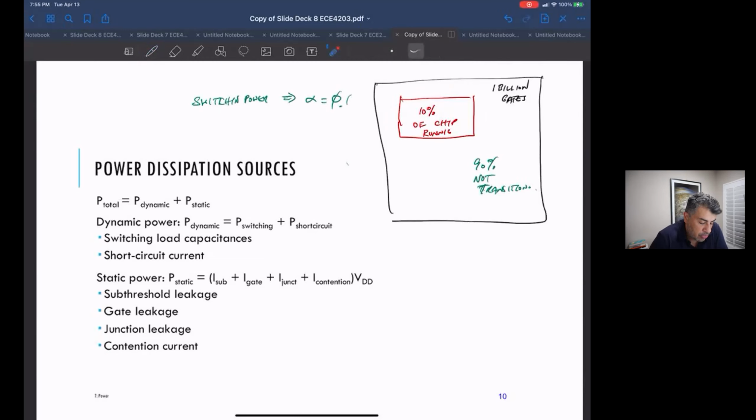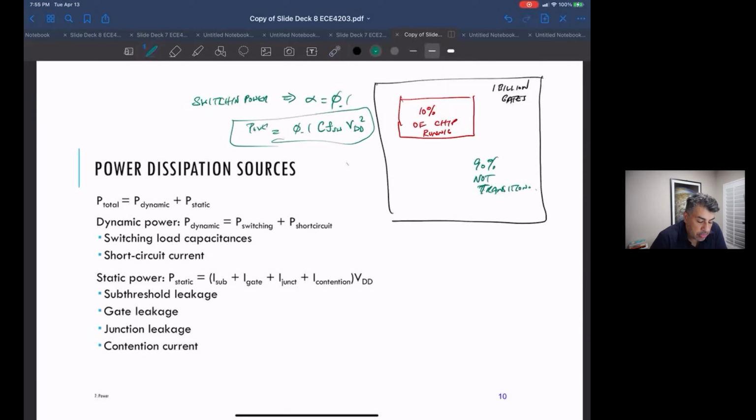So if I have the total capacitance on the chip, C, the chip is running at some frequency, at some supply, I can just say my switching power consumption is only a tenth of this, which is cool. Okay, so that's my switching power consumption.